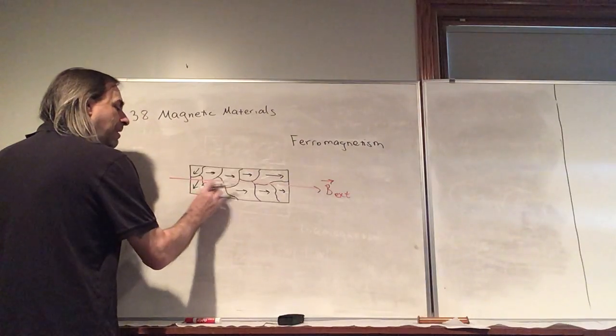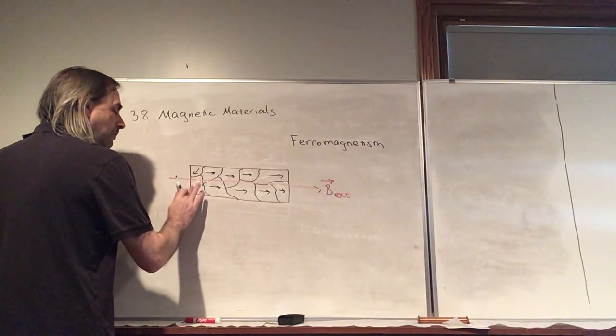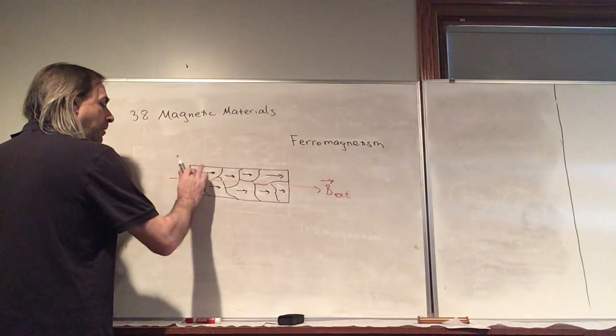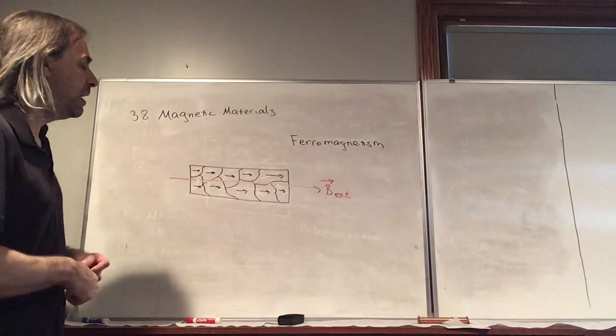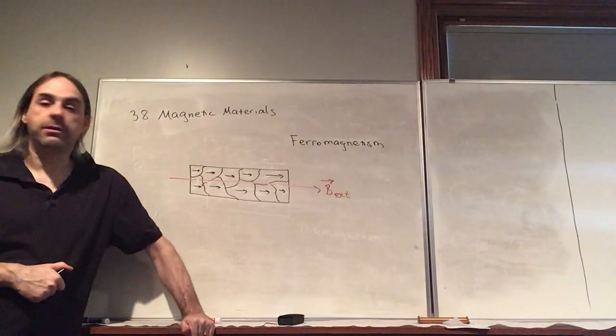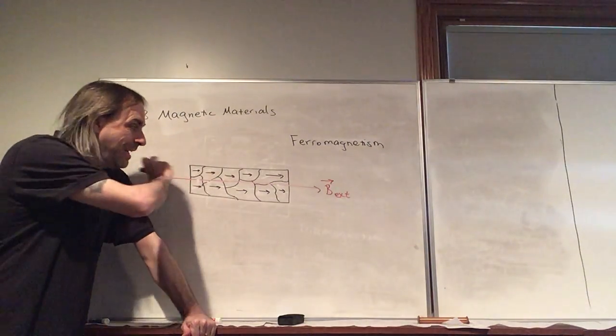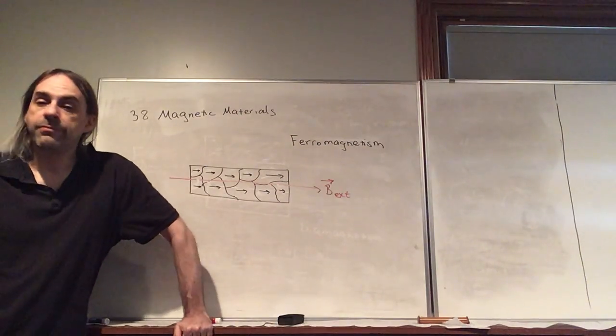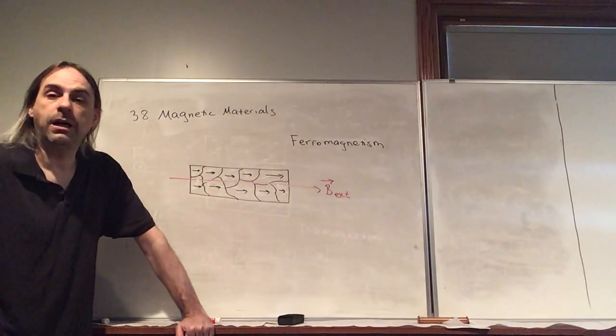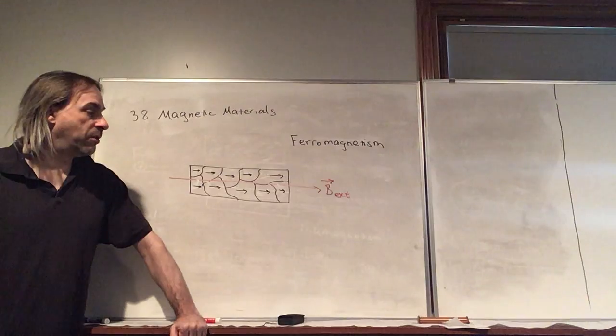So this kind of looks like paramagnetism. This is what it would look like when it's saturated. By this point, all the domains have flipped. And so we get a significant effect here. Every domain is lined up, and so this is a pretty strong effect where everything is lined up with the external field.